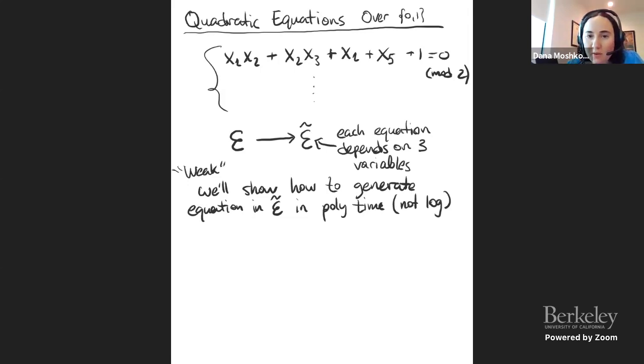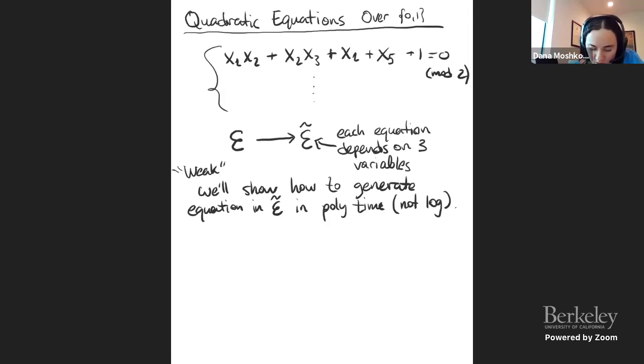If you actually want E tilde to be polynomial size, you really need to be able to generate it in order log n time. And this I won't be able to do with the construction I'll show you today.